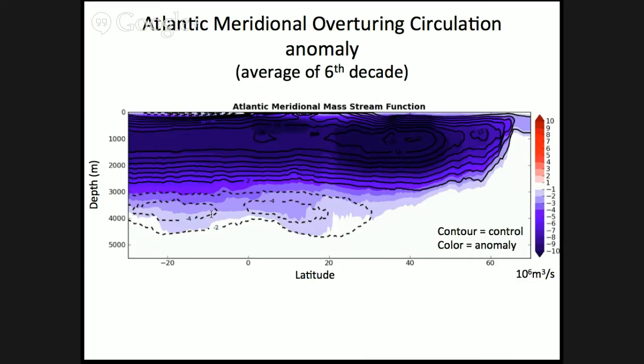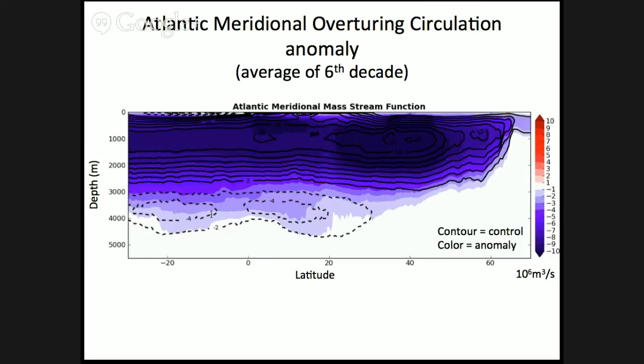So this figure is showing the ocean circulation change. Shown here is the Atlantic meridional overturning circulation anomaly averaged over the 6 decades, and the lines are showing the control, which is the climatological value, and the color is showing the anomaly.